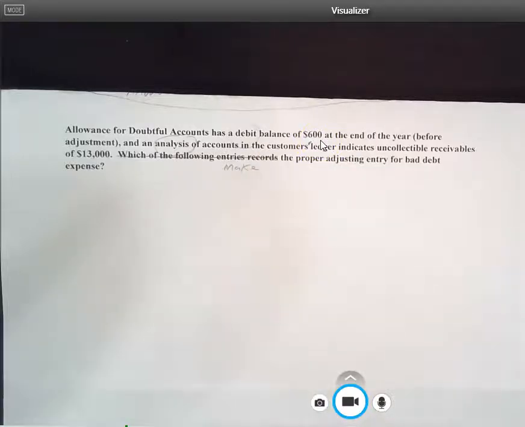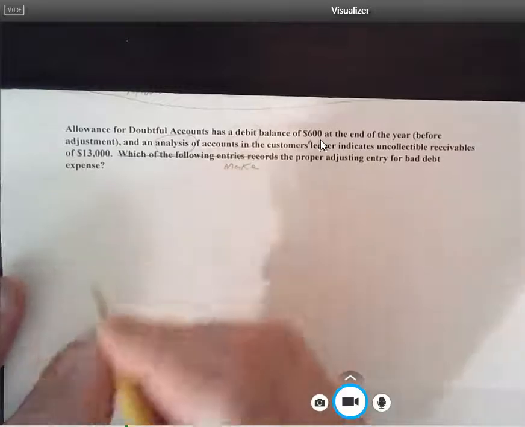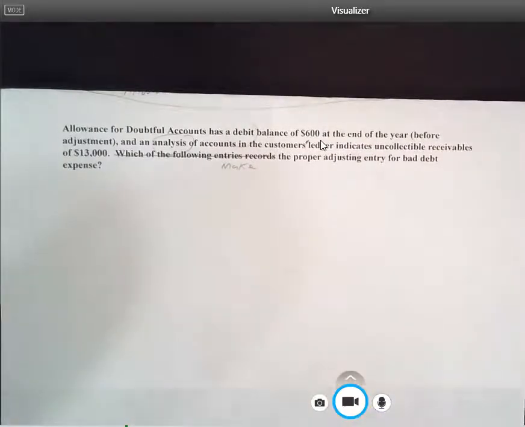In other words, we have written off, when we have this $600 debit balance, what we've been doing is a series of journal entries where we have debited allowance for doubtful accounts and credited accounts receivable.